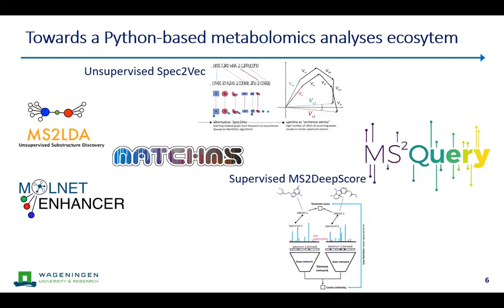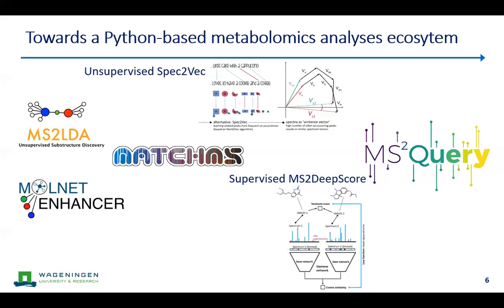And actually, this is part of a whole Python-based metabolomics ecosystem for annotation. It all started with MS2DeepScore, which I will cover later today, and the Modified Cosine Enhancer to combine that with molecular networking, which you have seen already this week.